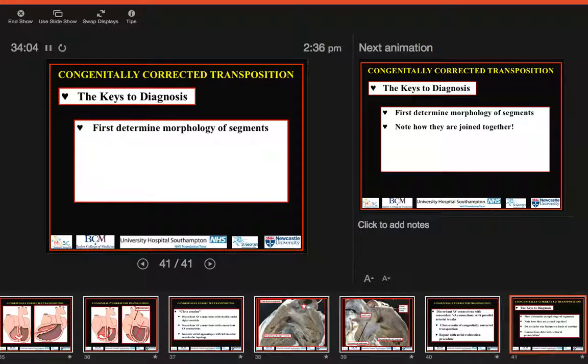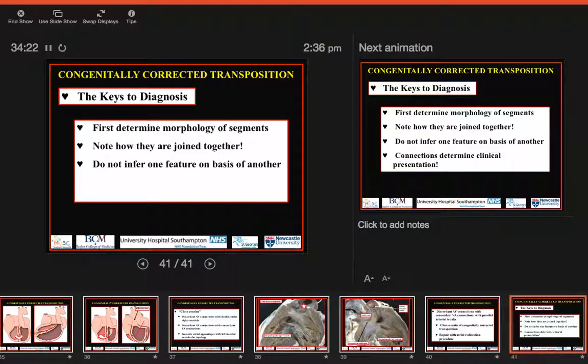So what do we need to do? Diagnosis now. First, determine the morphology of the segments. Show how they are joined together. What we have said again and again over the past 2 days, you do not infer one feature on the basis of another. We are back to the morphological method. Dr. Van Praag was 100% correct.